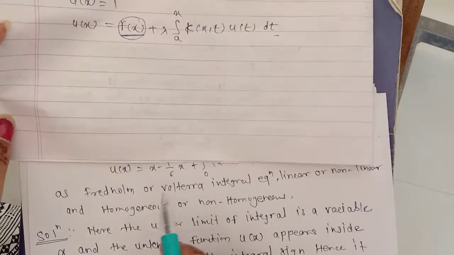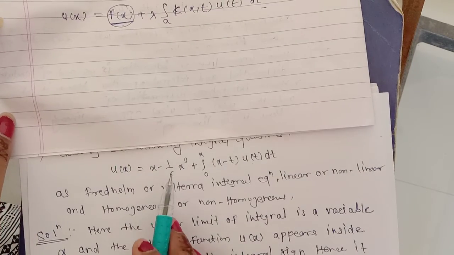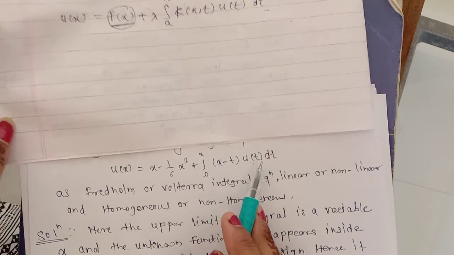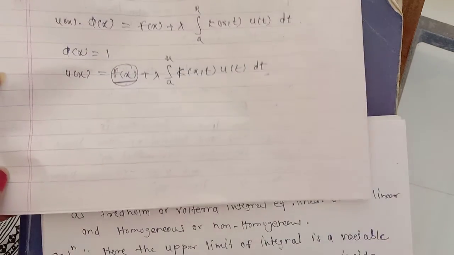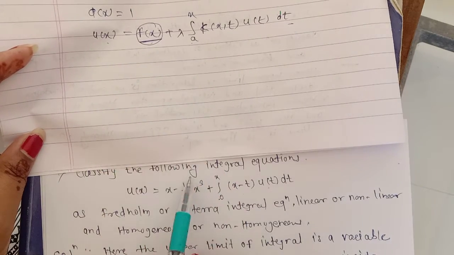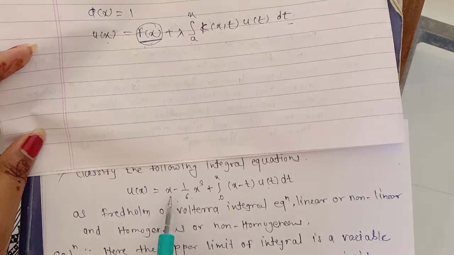Now compare these both equations. Here we have u of x is equal to x minus 1 by 6 x cube plus integral 0 to x of (x minus t) u of t dt. Comparing this equation with the standard form, we get f of x is equal to x minus 1 by 6 x cube.